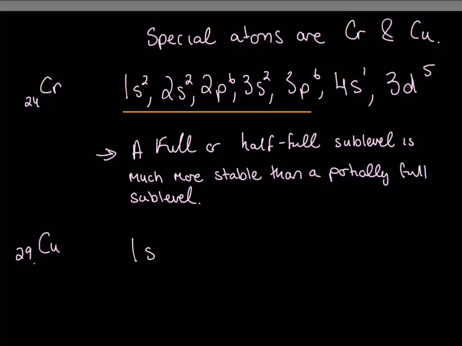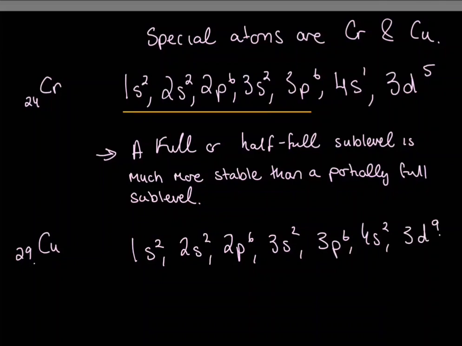You might be tempted to do this, which is the old way: 2s2, 2p6, 3s2, 3p6, 4s2, 3d9. But again, see how that's so close to being 3d10. So at the moment it's got 1, 2, 3, 4, 5, 6, 7, 8, and then 1. It's lacking that extra electron it needs to get to a full sublevel.